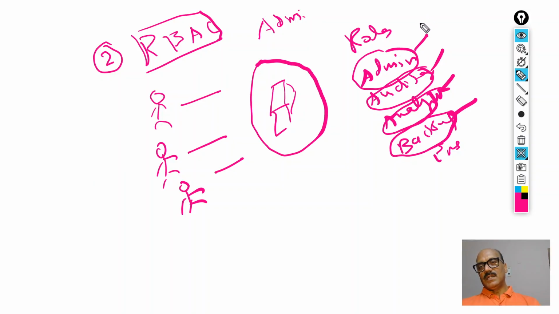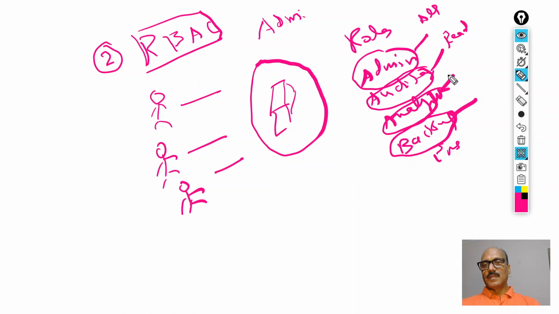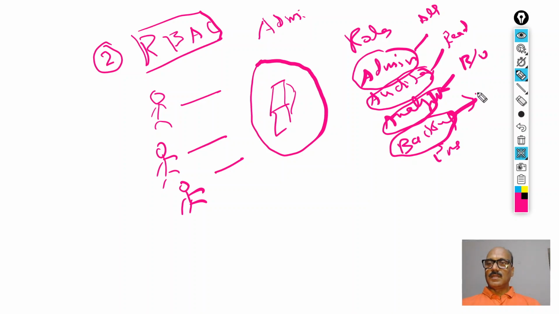So the administrator has all rights. The auditor has limited rights, read only. Analyst, read, write. Then backup has the ability to do the backup of folders, so read only.